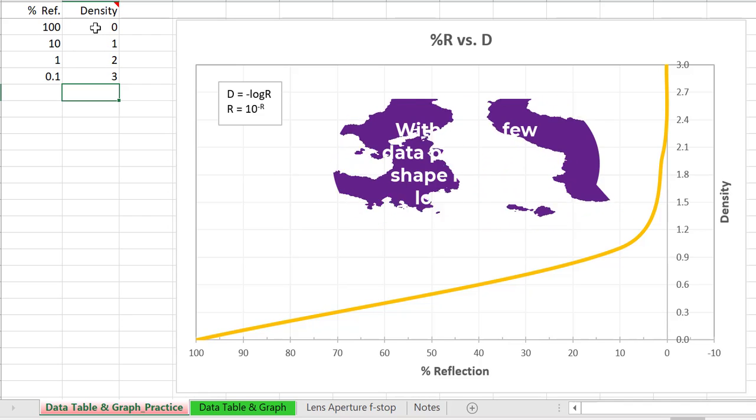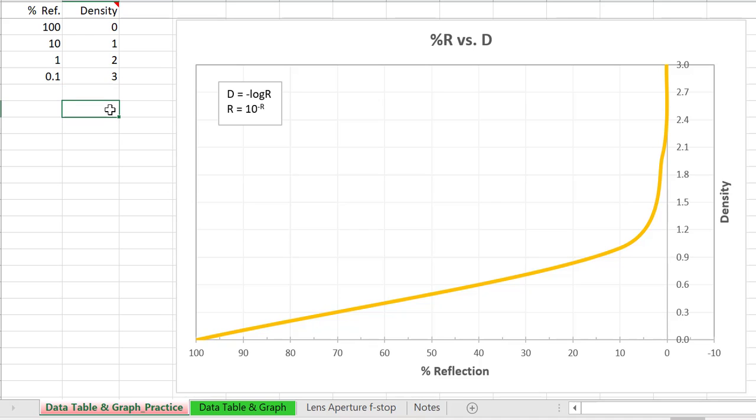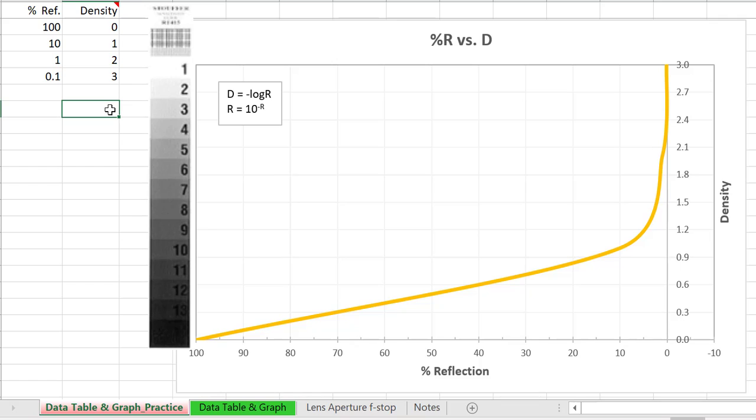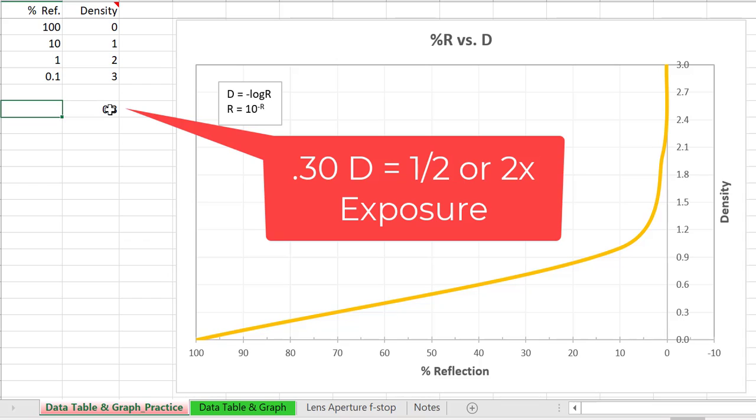Logs base 10. The other thing we know is if we think about photography and the Stouffer scale, either for cameras making line negatives or halftone negatives or color separations, or for transmission Stouffer scales for plate making and things like that, we know that every time we change the density by 0.30, it changes the exposure by 50%, half, or twice, double the amount.